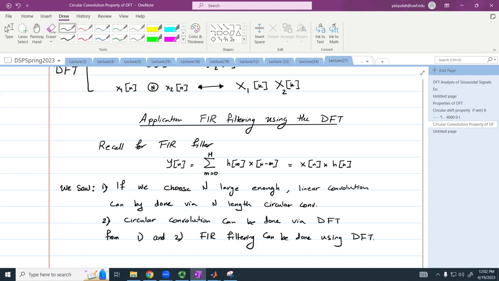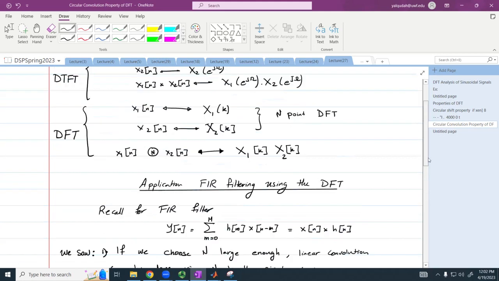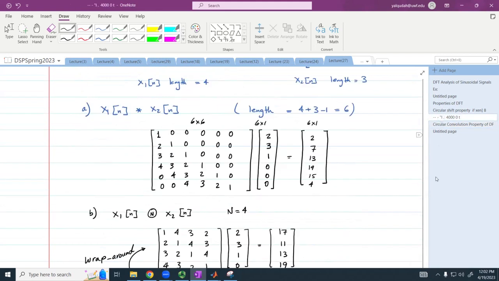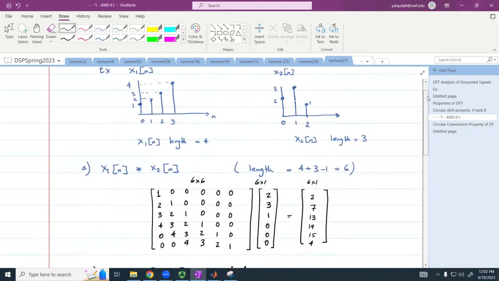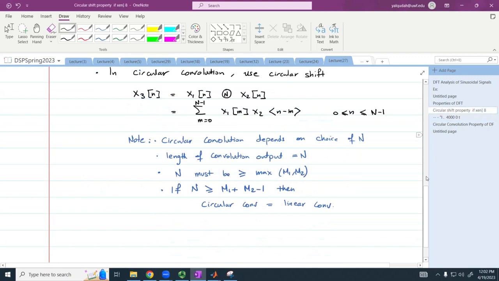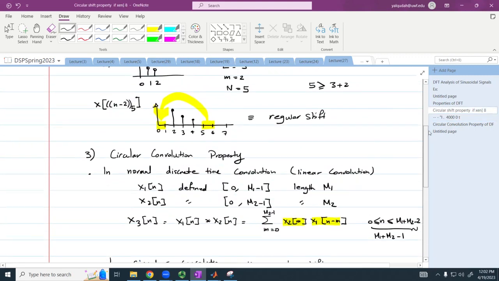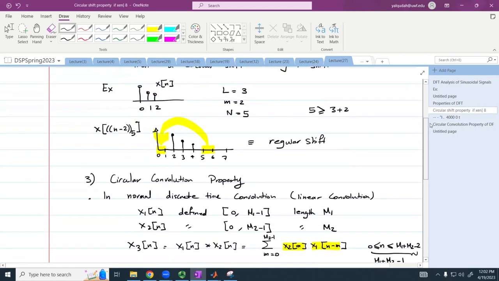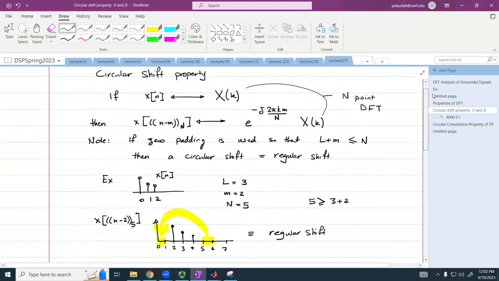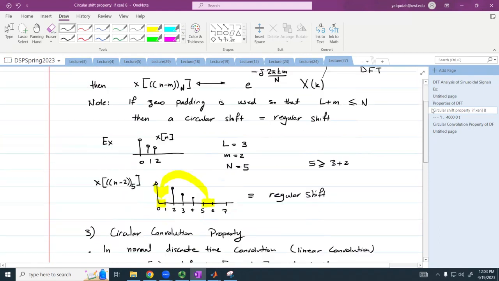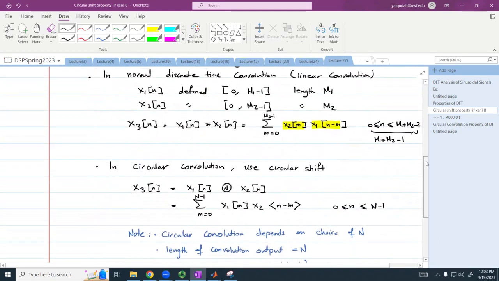And we looked at the circular convolution property. We said we can evaluate the circular convolution using the discrete Fourier transform. Where was that property? Here. Circular convolution.